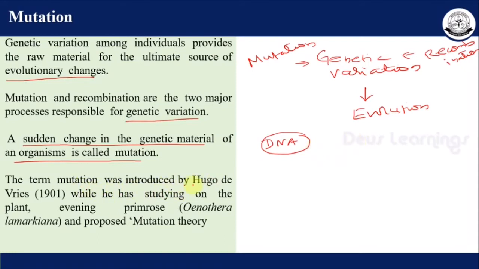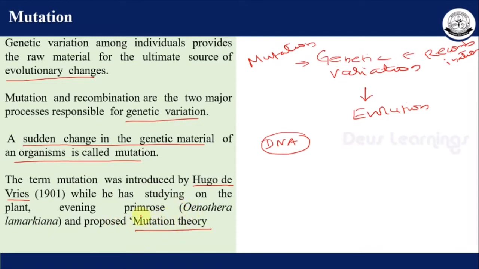The term mutation was introduced by Hugo de Vries. You know Hugo de Vries already; he was one of the people who rediscovered Mendel's experiment. He gave the name mutation while studying the evening primrose, Oenothera lamarckiana, and proposed the mutation theory.